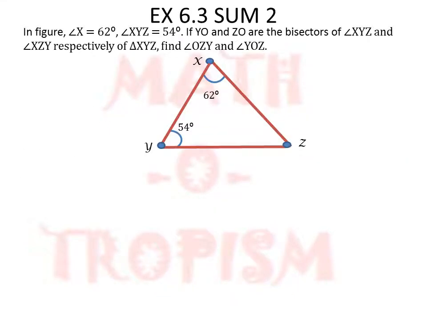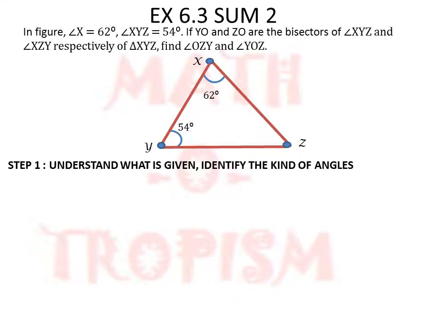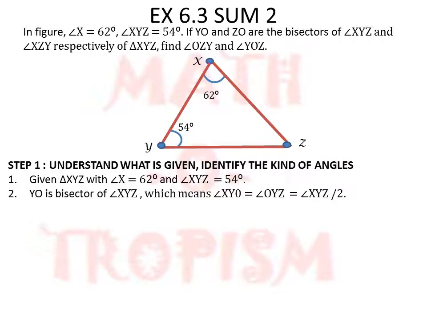So before proceeding to the solution, we will try to understand what is given and identify the kind of angles which we have to find. So first, what they have given is that there is a triangle XYZ with the angle X being equal to 62 degree and angle XYZ is equal to 54 degree. And then they have told us that YO is the bisector of angle XYZ.